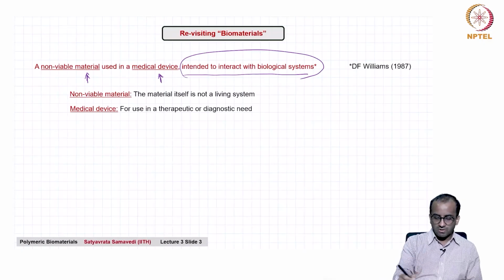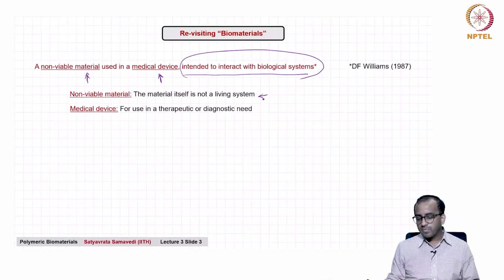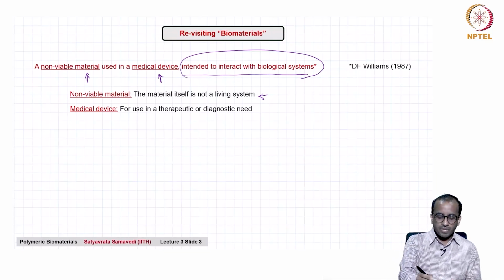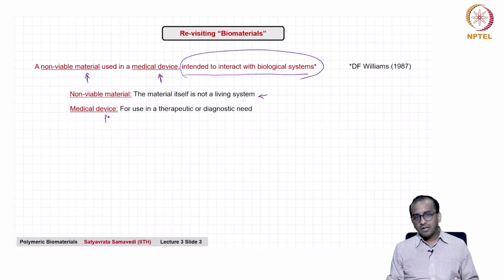Now, non-viable itself simply means that the material itself is not a living system, but that it will interface with a living system. The other part of that definition has to do with the phrase medical device. As you will see, very rarely is a biomaterial used in today's world on its own.